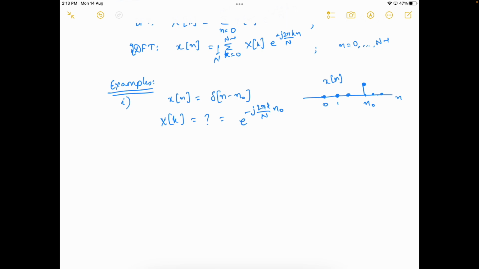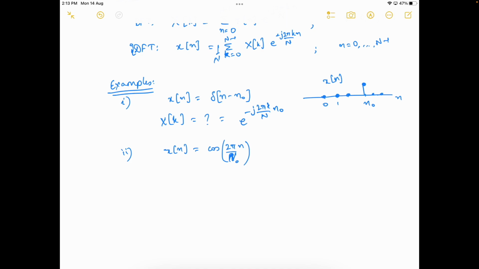Now see the other example. Let's say my x is a sinusoid. Some f naught or n naught.